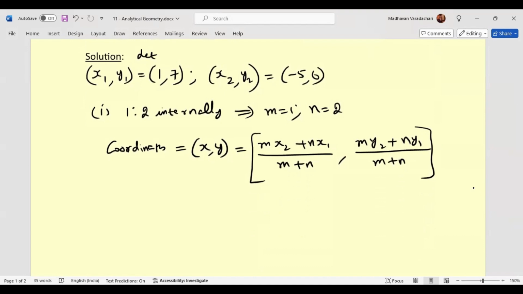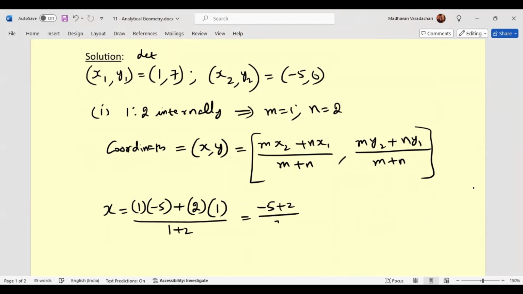So our x value will be m, which is 1, multiplied by x2. x2 is -5, plus n, which is 2, multiplied by x1. x1 is 1, divided by m plus n, meaning 1 plus 2. So this will give us (-5 plus 2) divided by 3. Numerator is -3, denominator is 3. So x value is -1.